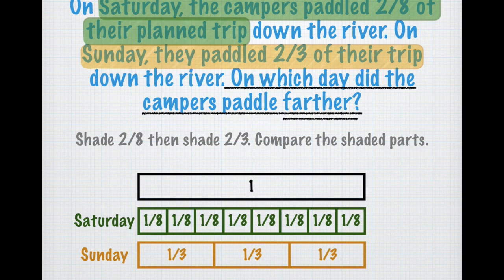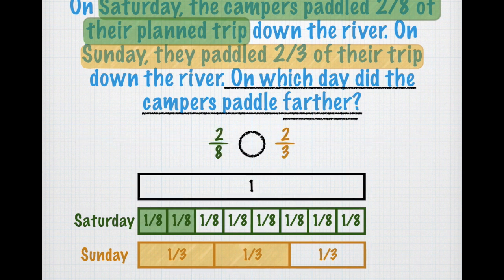Then I'm going to compare the shaded parts. So for 2/8, I shade 2 pieces, and for 2/3, I shade 2 pieces. Then it makes it easy for me to compare the shaded parts. I'm looking for which one has more shaded. So 2/8 compared to 2/3, which one's greater?